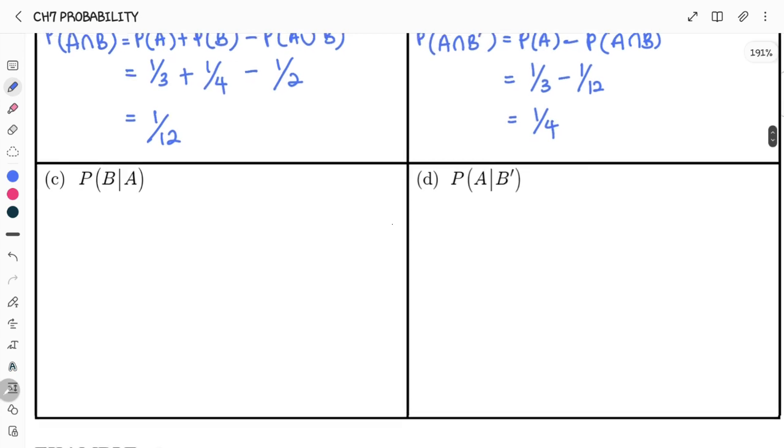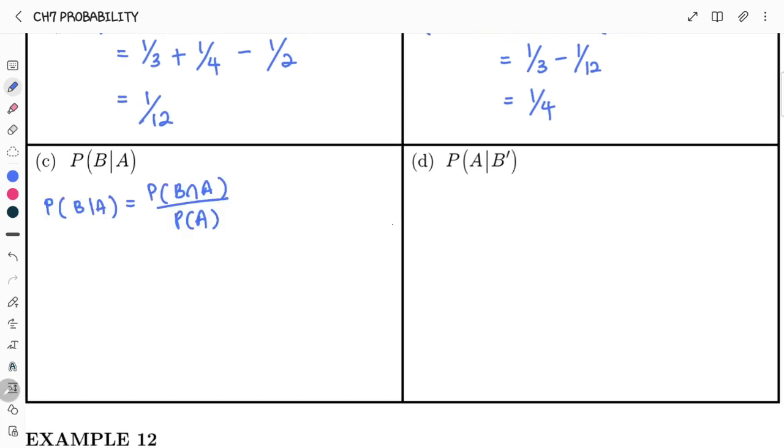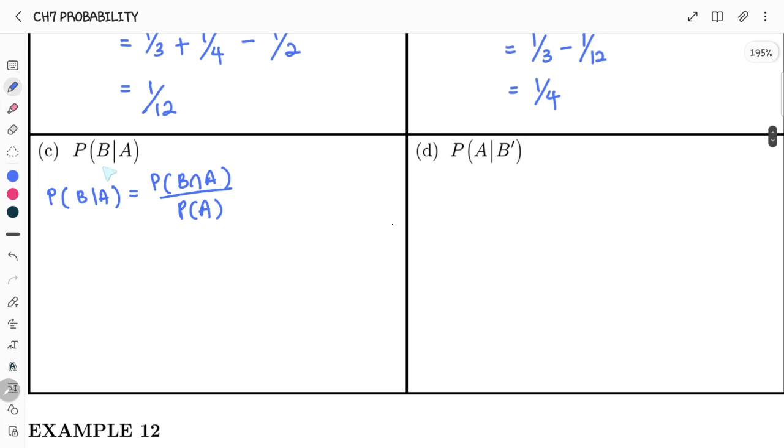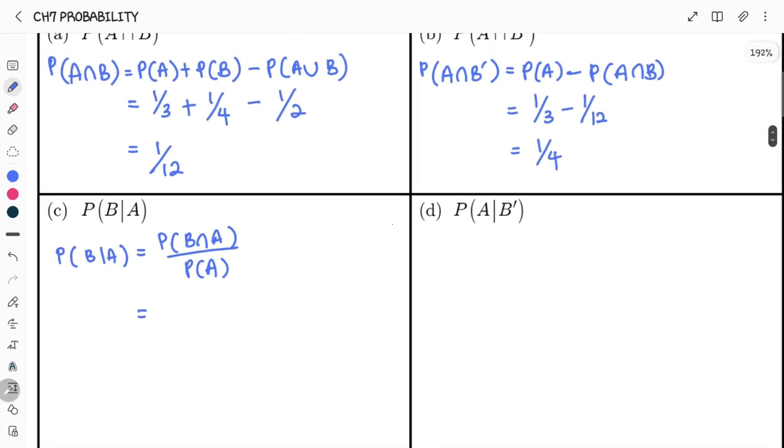Next. So this question is quite direct. P(B given A) is equal to P(B intersect A) over P(A). You already have the intersection between A and B here. A intersect B is just equal to B intersect A. So 1/12 over P(A), which is 1/3.